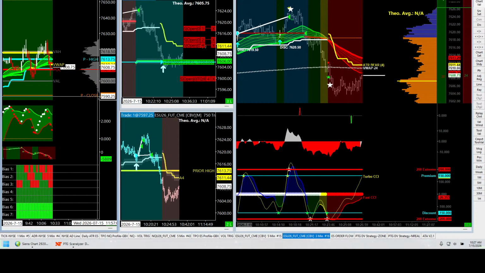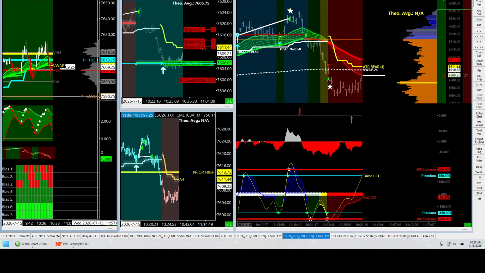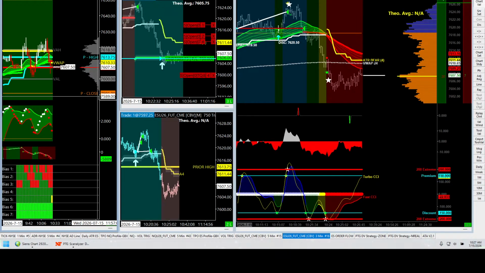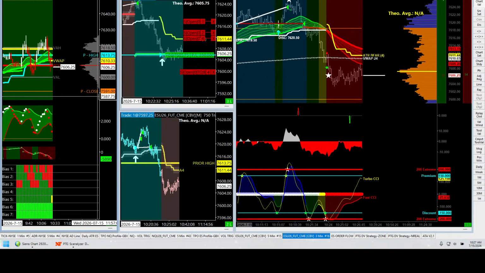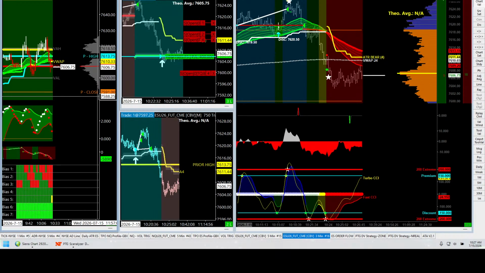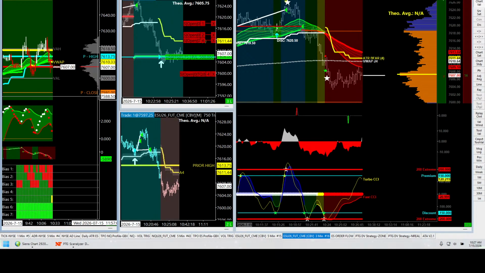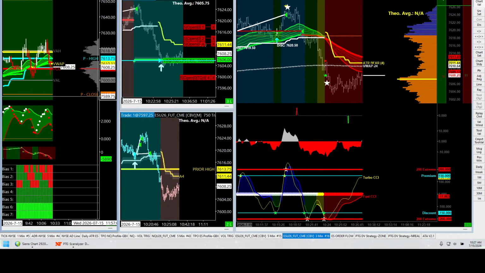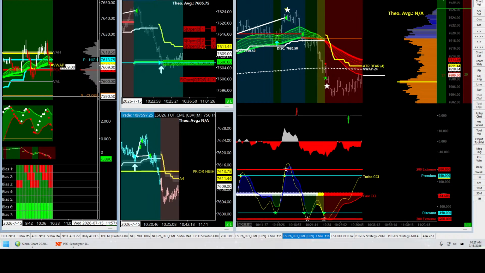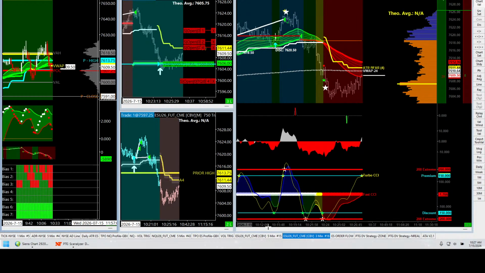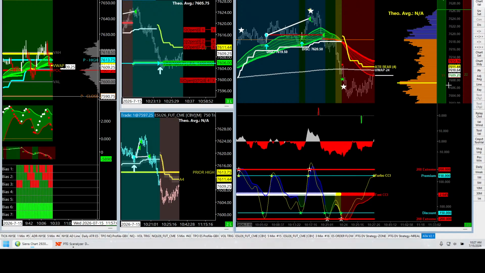We definitely see this 76.10, 76.15, 20 area, or even now 25, has been a sticky wicket for the bulls to capture. They've made multiple attempts to move up through these areas, and the bulls just get stuffed in their face.